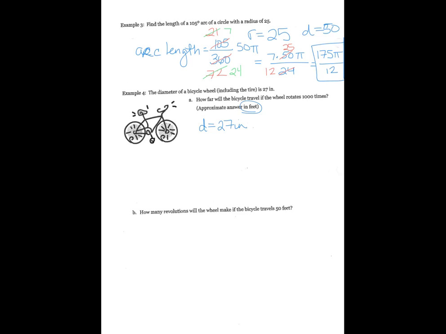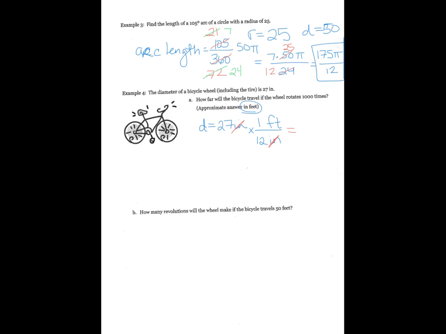In order to do this, I'm going to multiply by the conversion factor. And if I want to get rid of inches, which is on top, I'm going to put inches on the bottom. And then I want to change it to feet, so I'll put feet on the top of the fraction. So here we know that 1 foot is equal to 12 inches. So since inches is on top and bottom, it crosses out. And essentially what we're doing is we're dividing. We're taking 27, multiplying it by 1, which is just 27, dividing it by 12.